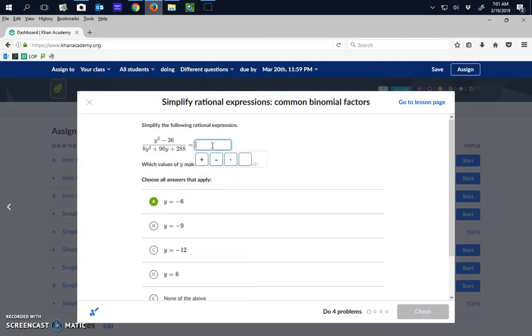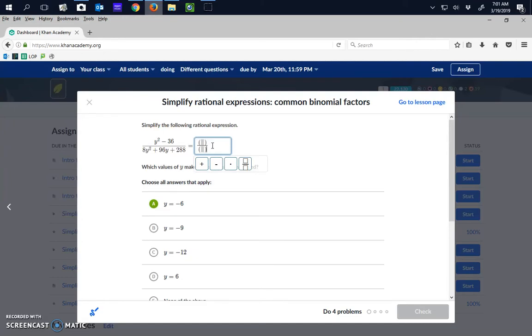And the answer is y minus 6 and y plus 6. Oops, that did not go in the right spot. Y plus 6.